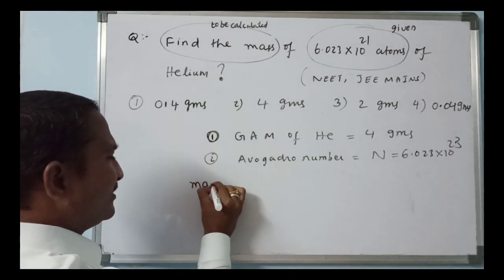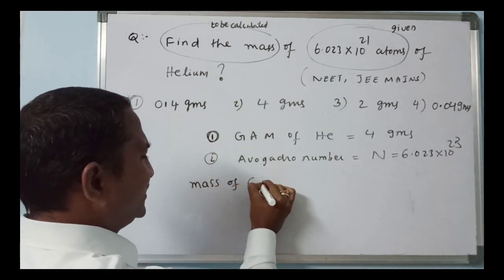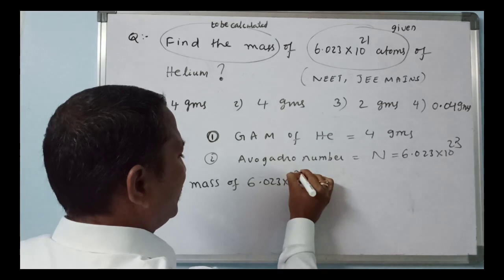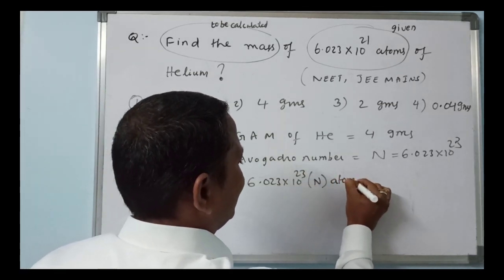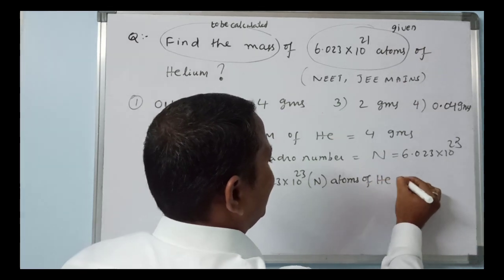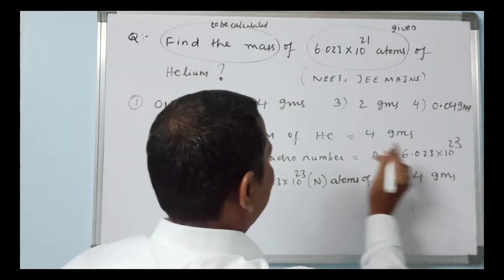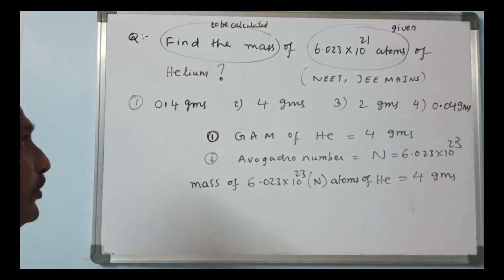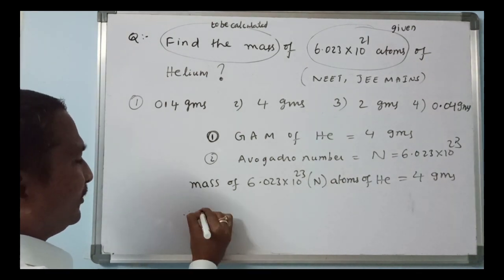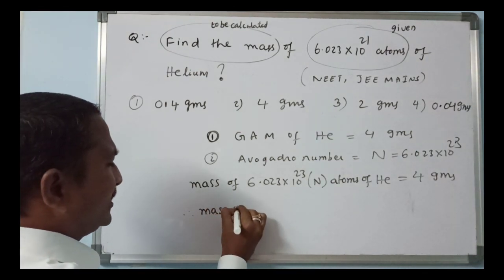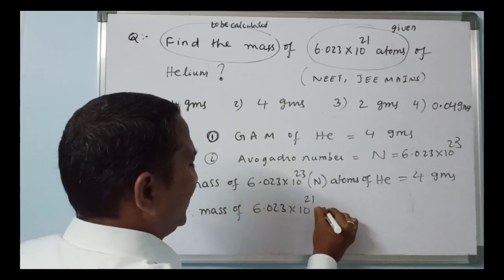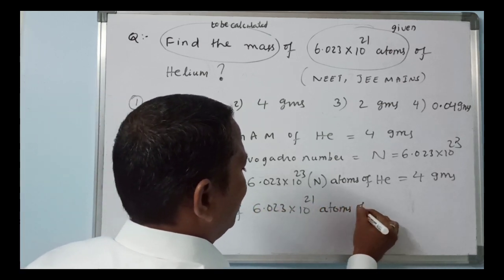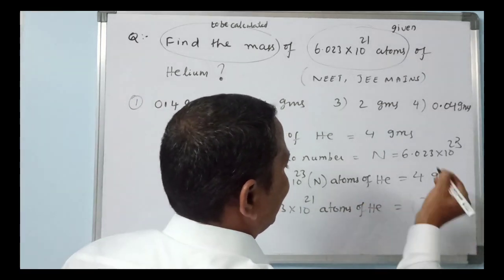Mass of Avogadro number of atoms, 6.023 into 10 power 23 atoms, capital N atoms of helium, is equal to 4 grams. This is the relation between 1 and 2. Now you write the mass of the problem, 6.023 into 10 power 21 atoms of helium. This is question mark x.